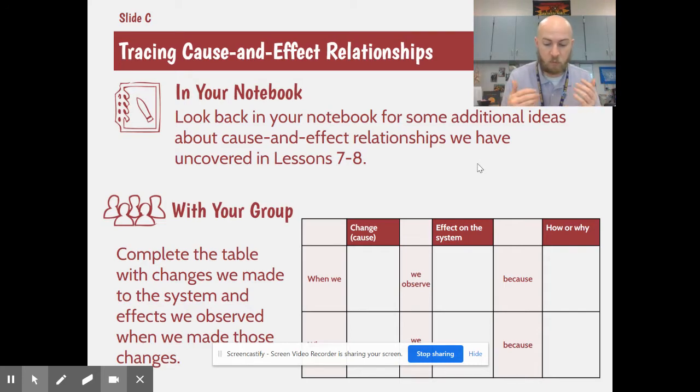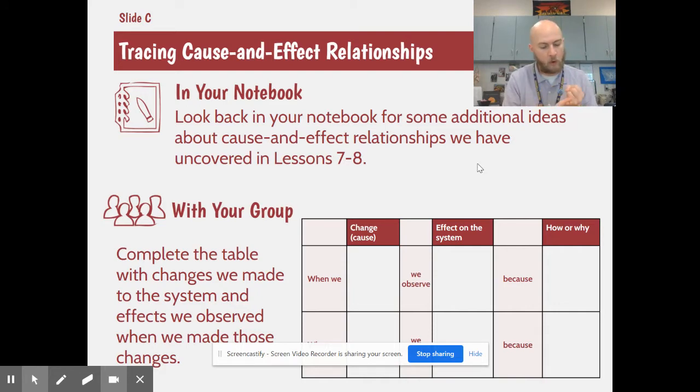So now that we've done some more investigations, we're going to take a moment to look back in our notebook for some ideas and look for specific changes that we made to our systems in lessons 7 and 8 and the effects that we observed when we made those changes. Before we complete the table, I want us to go back to our worksheets. If you've got your notebook with you, go back to your notebook. But I want us to specifically look at that table that we worked on in lesson 8 and the investigation we did in lesson 7 about energy.